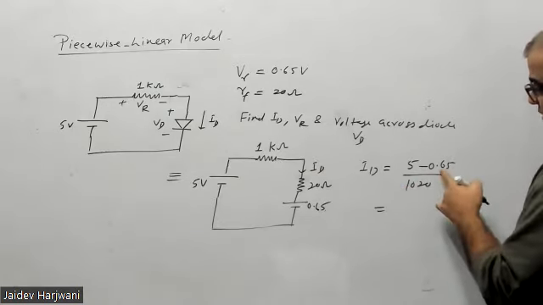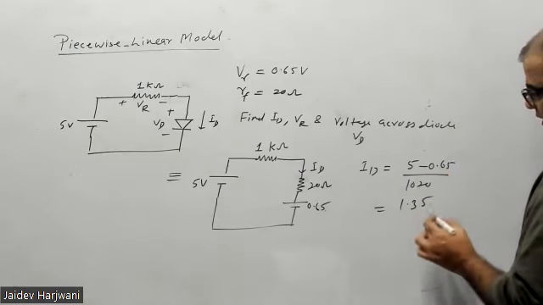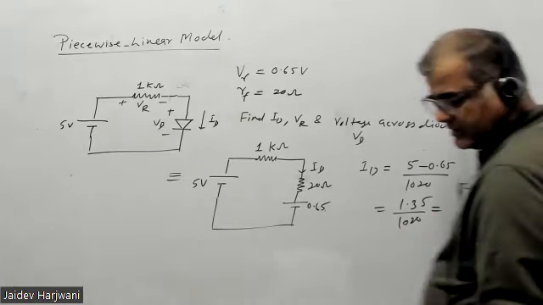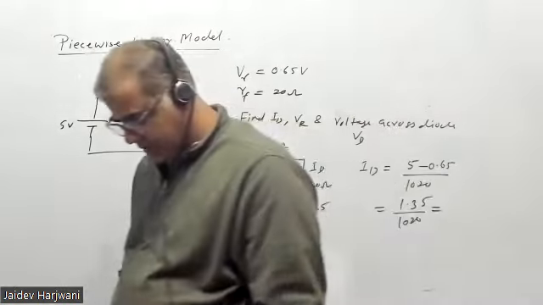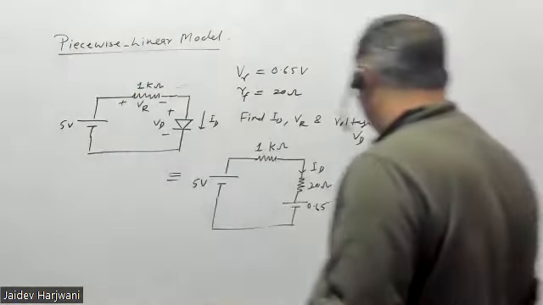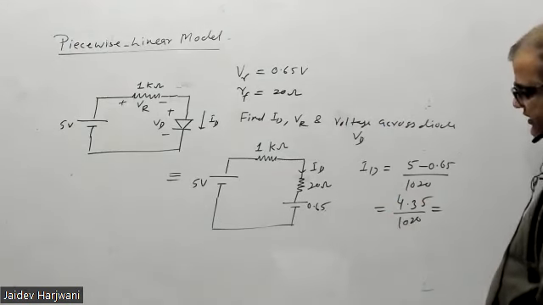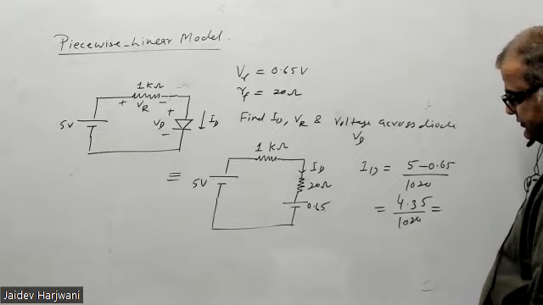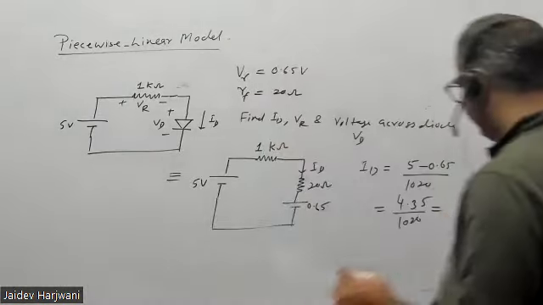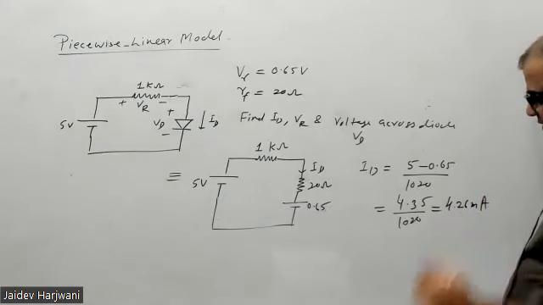Tell me. 4.35 on top, and the current, after dividing, will come to about 4 milli ampere. 4.26 milli ampere exactly. Yes sir, 4.26 correct, this is coming. 4.26 milli ampere current will come.